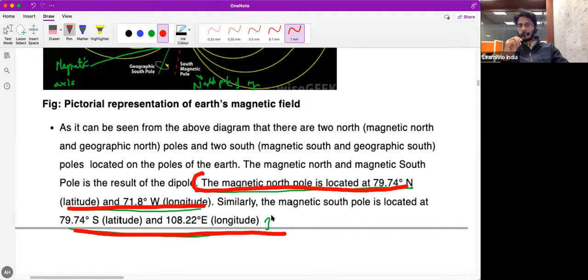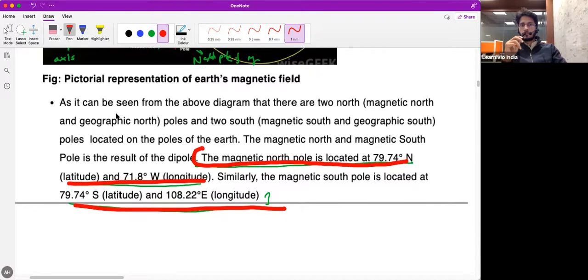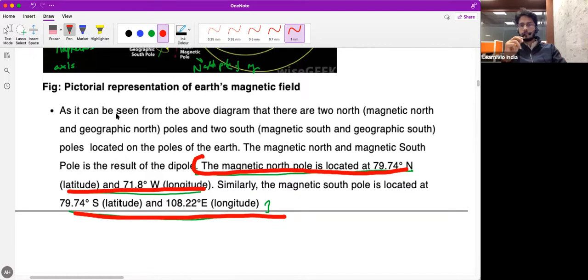Note it down. You have to remember this value.